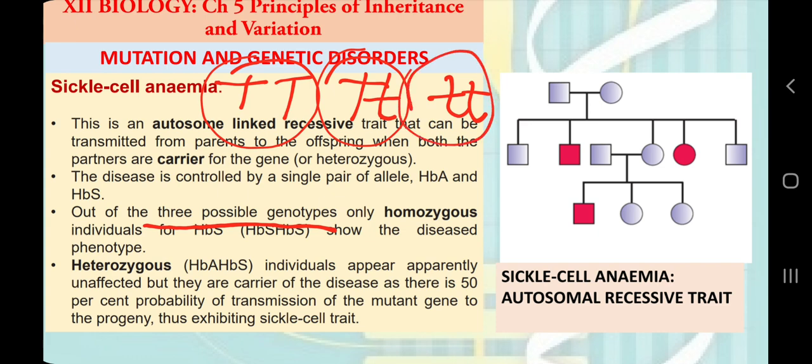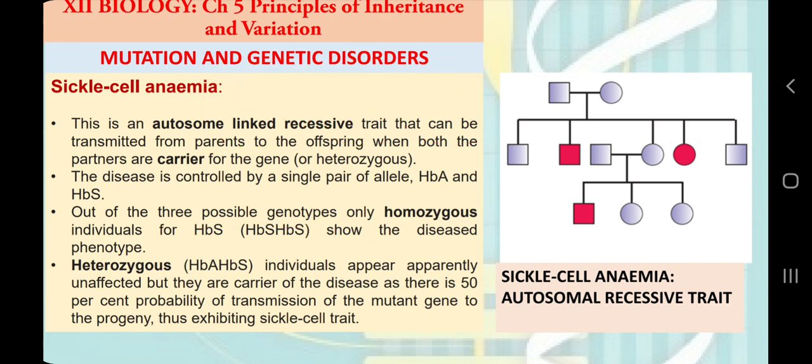But here, let's not take the example of T. Consider HBS HBS, HBA HBA, and HBA HBS. So HBA HBS will be the heterozygote, any individual which has different types of alleles, which we have learned in monohybrid cross and in all the genetic crosses.